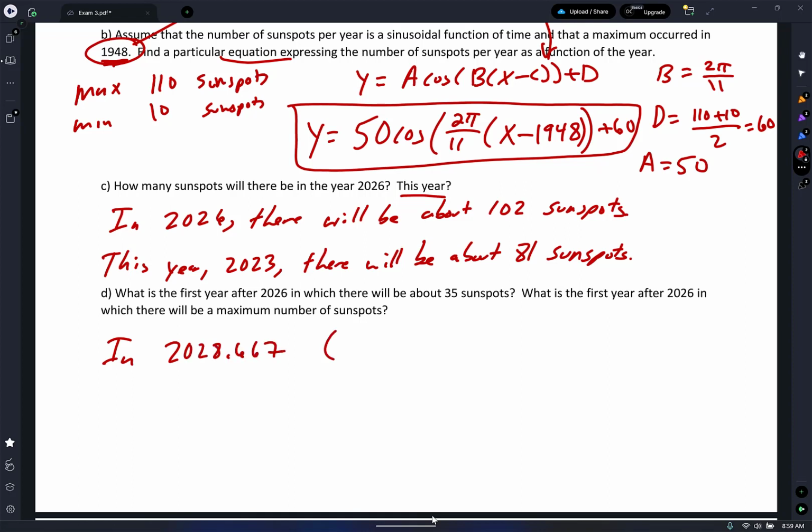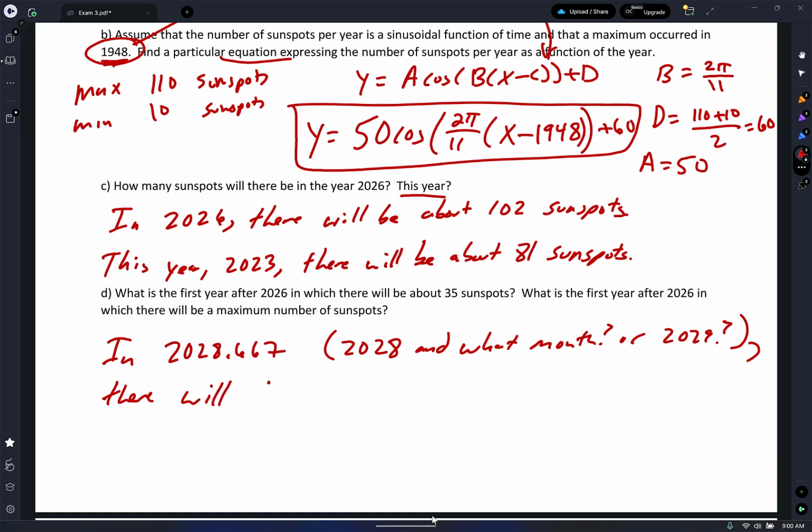And I'll put here for you guys to discuss 2028 and what month. In 2028, comma, there will be 35 sunspots.